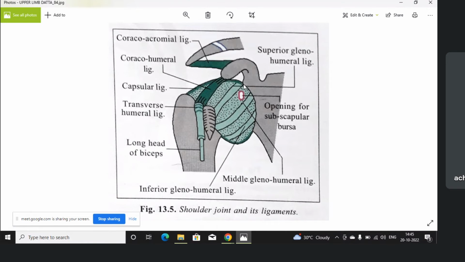Are you getting? We called it the joint cavity. So, lined by the synovial membrane, it forms a synovial cavity. The joint cavity is nothing but the synovial cavity only.